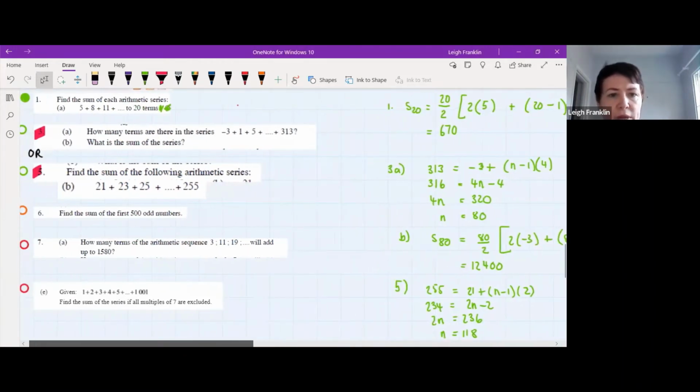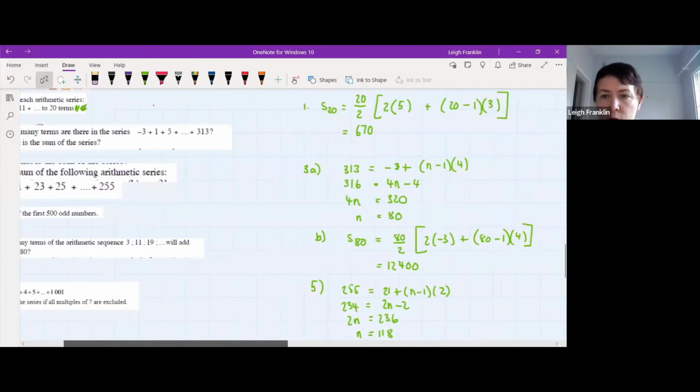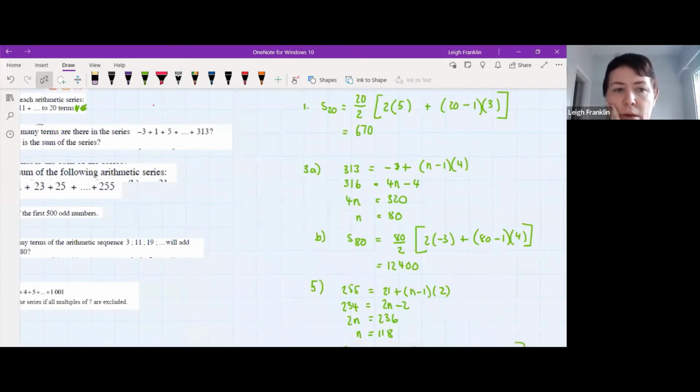In question 3, I said T313 equals -3 plus (n minus 1) times 4, and then I transposed the -3 to the 313, so then I got 316 equals 4n minus 4, and then I said 4n. Oh, I think I forgot to add the 4 to the 316. That's the mistake. There you go.